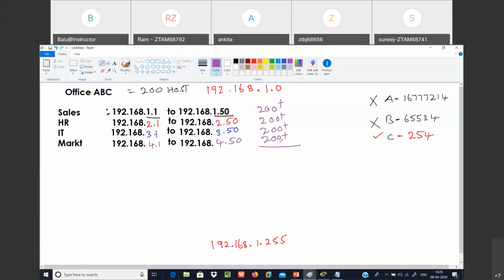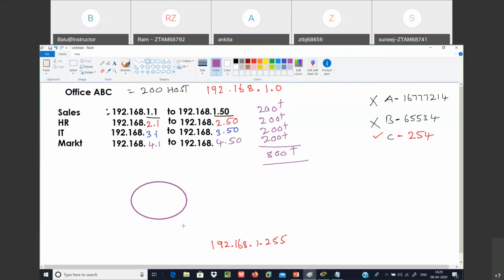Like total, for 4 departments, how many IPs are wasted? 800 plus IPs are being wasted, right? So for 4 different networks, my requirement is being satisfied. But the thing is, guys, 800 plus IPs are wasted.